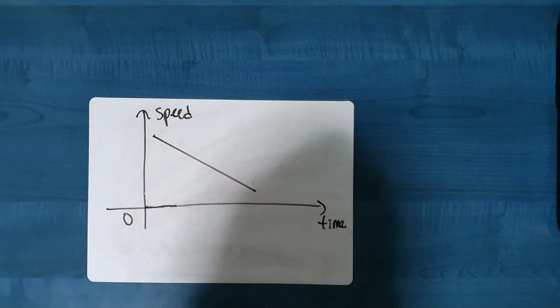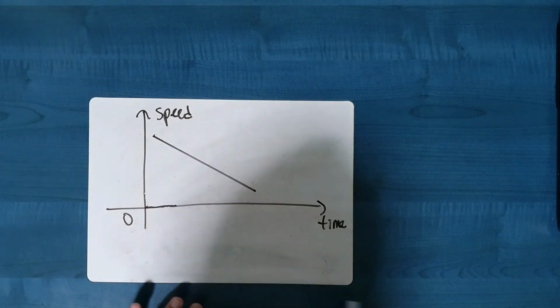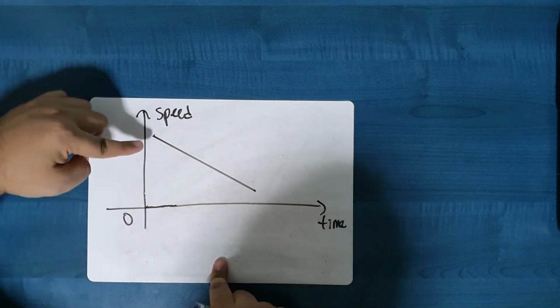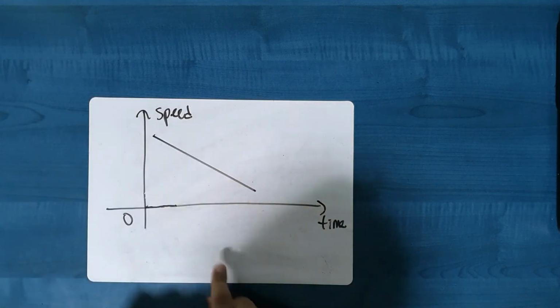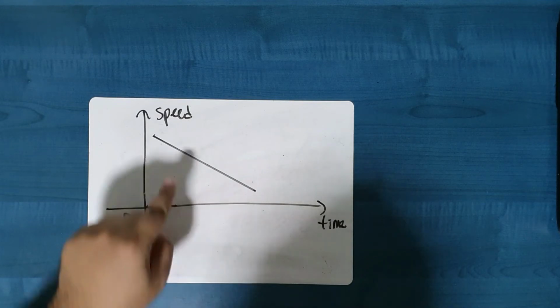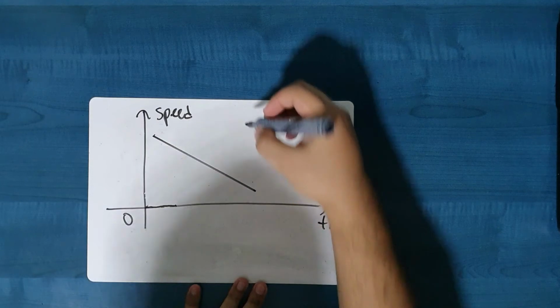How about this? Can you see that this object's speed is decreasing over time? As time increases, the speed decreases. So this is decreasing speed. Now relate to just now. This will be decreasing speed at constant deceleration.